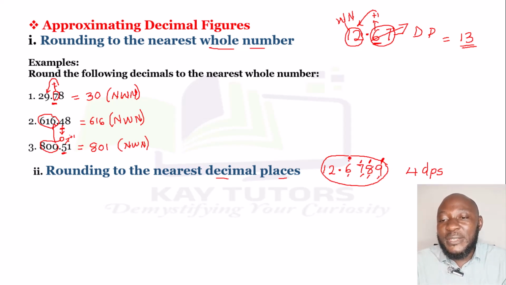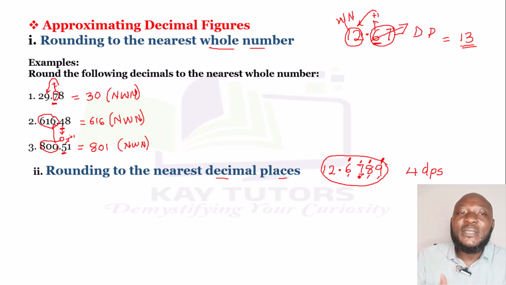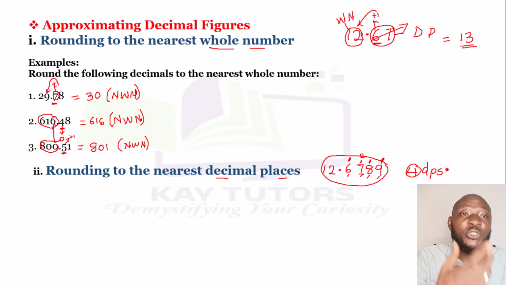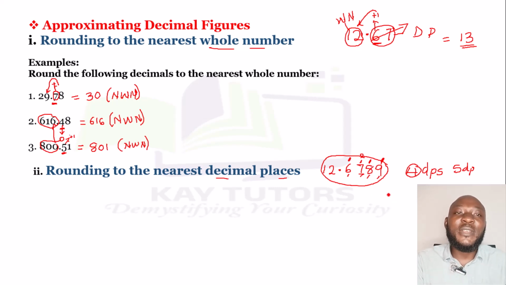If you are rounding to the nearest tenth, or 1 dp, you are expected to carry out your judgment on the number immediately after the 1 dp, that is the second decimal place. So if I'm rounding to 4 dp's, I'm expected to carry out my judgment on the 5th decimal place. If I'm rounding to 5 decimal places, I'm expected to carry out my judgment on the 6th decimal place. And that's how the progression continues.